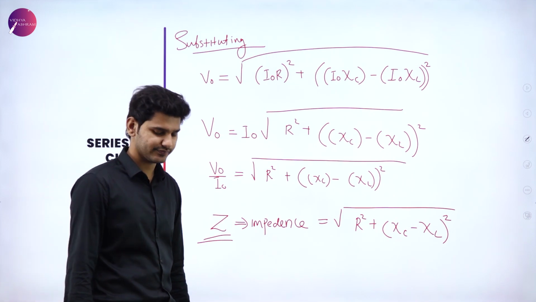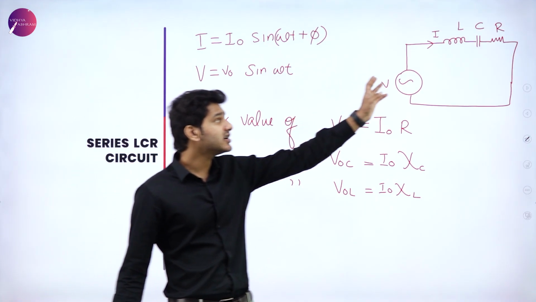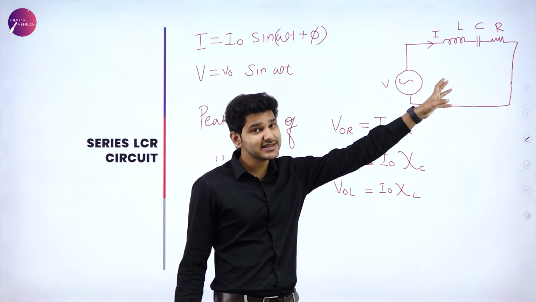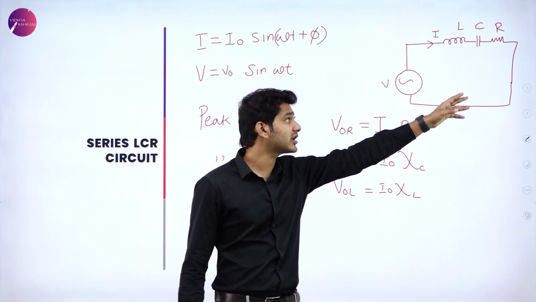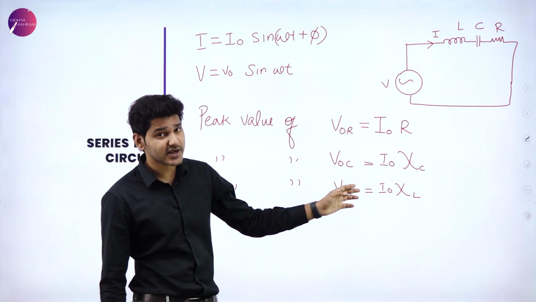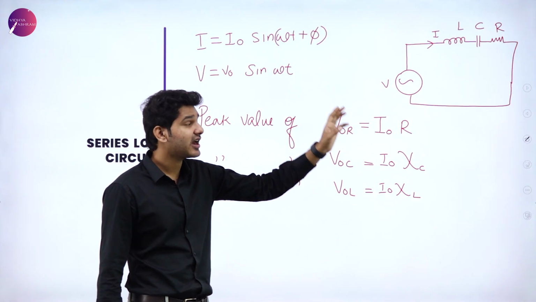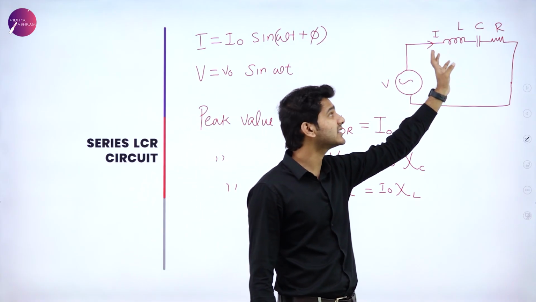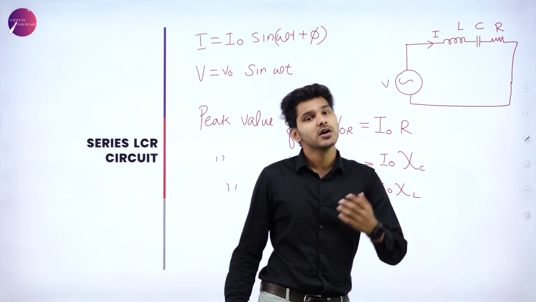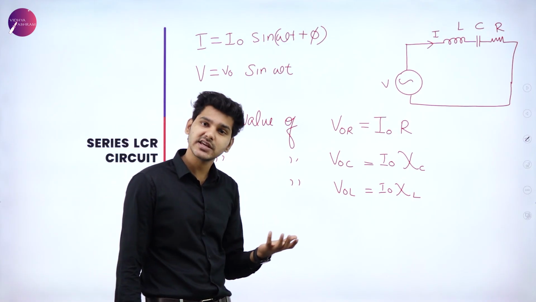So again, to quickly sum up: we consider the LCR circuit in series and pass an alternating voltage through it, and we know that we can express the peak voltages using Ohm's law. From that we go to the phasor diagrams of inductor, capacitor and resistor, and we know that they have a phase angle difference between them.